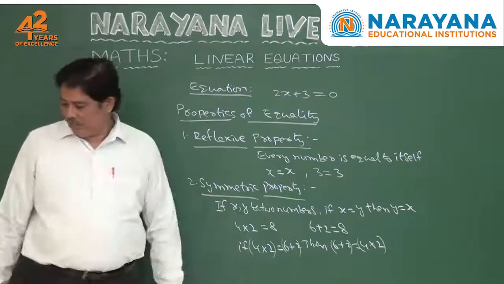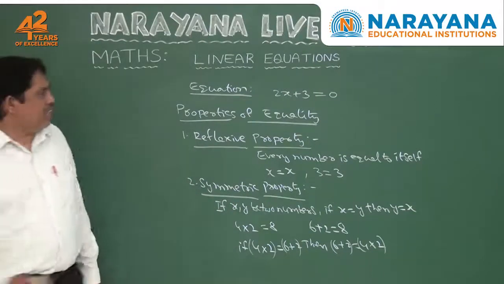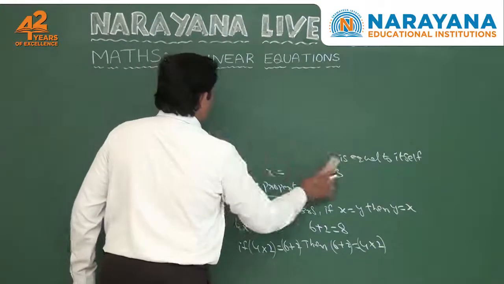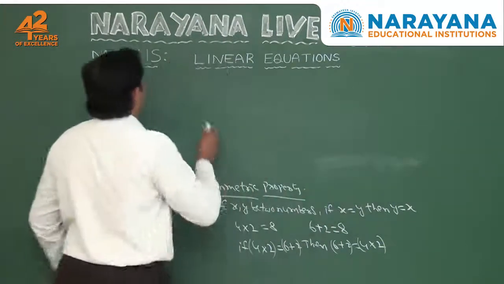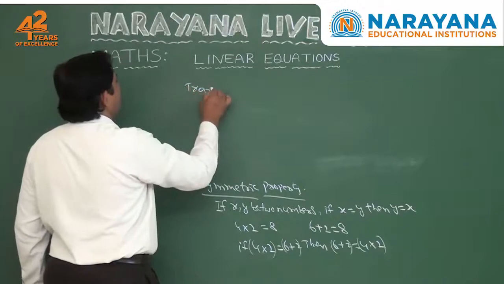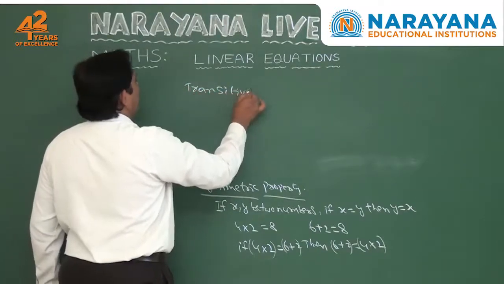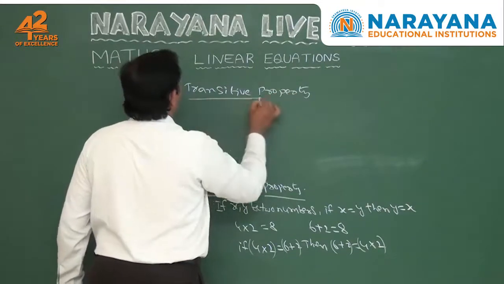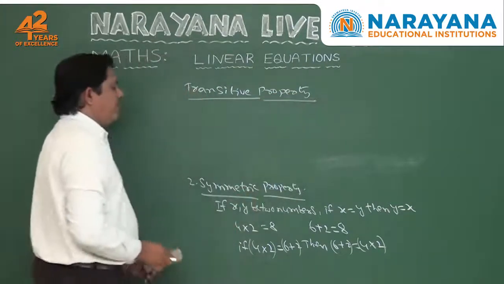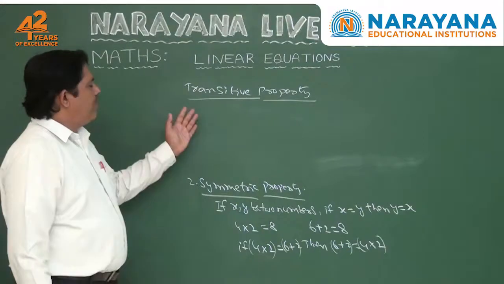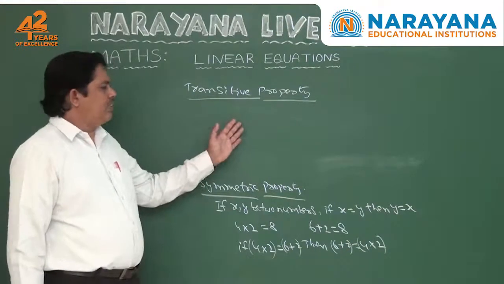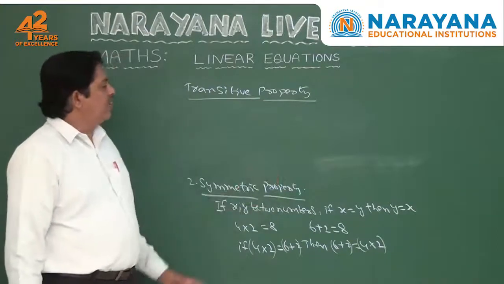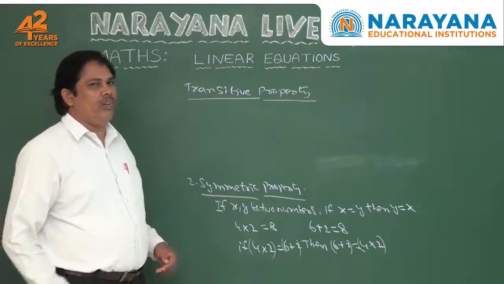Coming to the next property, that is the transitive property. For any three numbers, if the first number is equal to the second and the second number is equal to the third, then the first number is equal to the third.